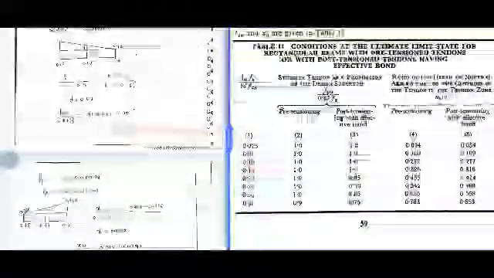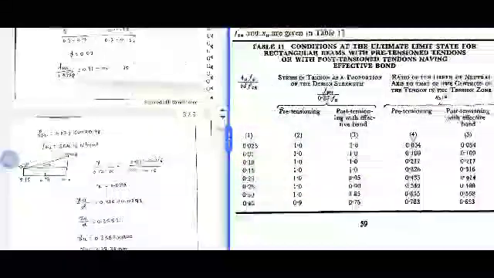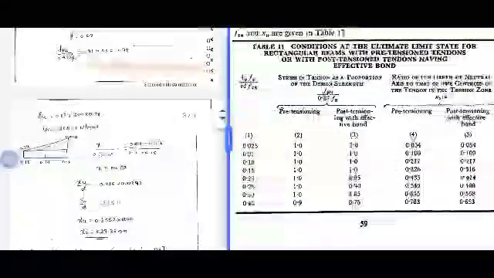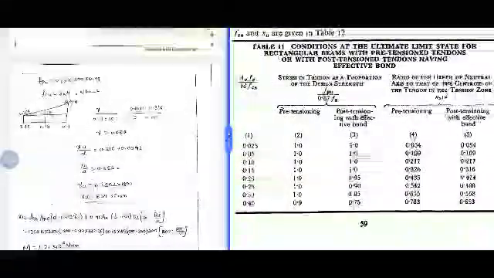In the same way, for XU by D ratio for post tension case, for 0.15 we have 0.316, and for 0.2 we have 0.414. So on interpolating for 0.17, we will get XU by D ratio as 0.3552. On simplifying, we will get XU 639.36 mm.